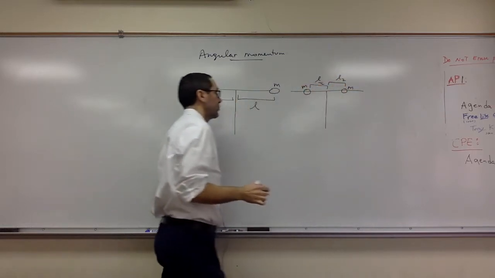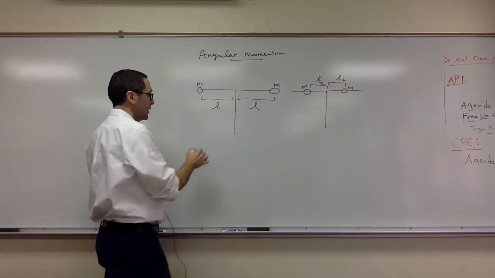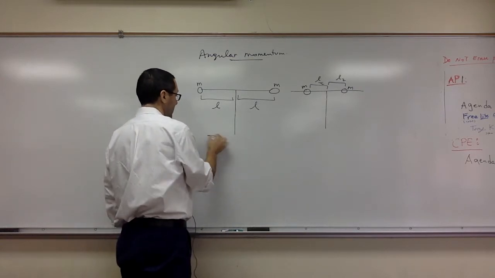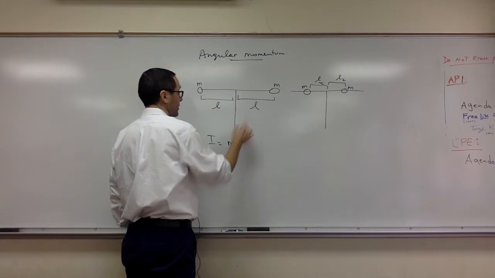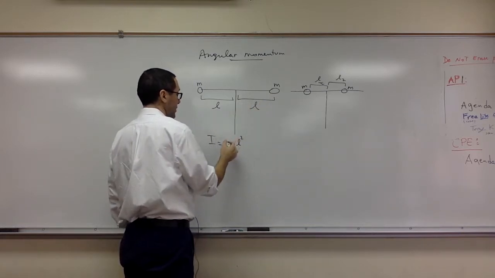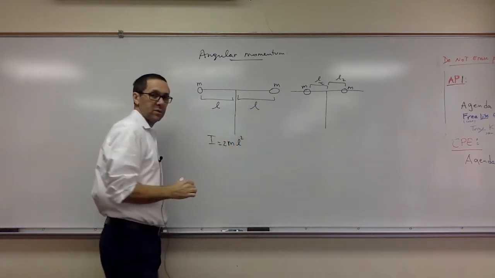So let's see what we can do here. The I here is going to be mL squared. That's how far this is from the axis of rotation. But you have two of them, so it's 2 times.